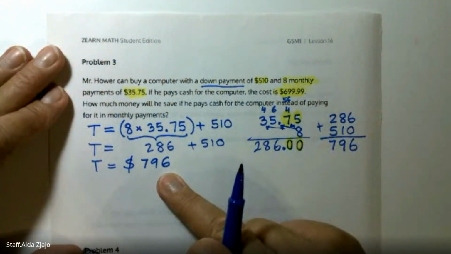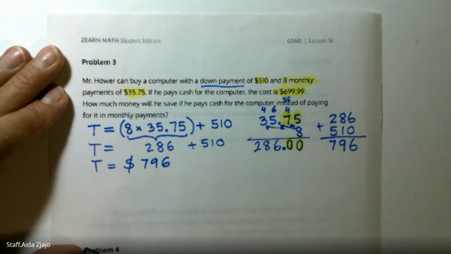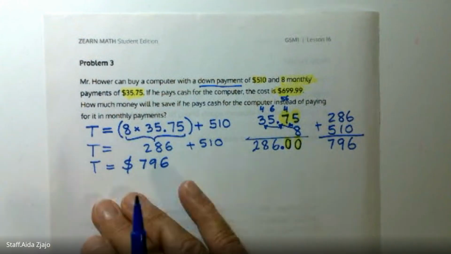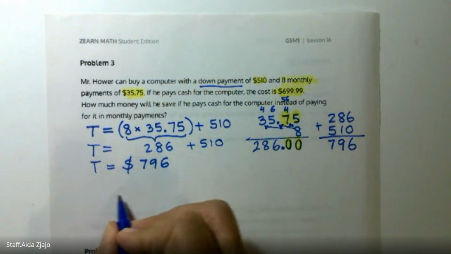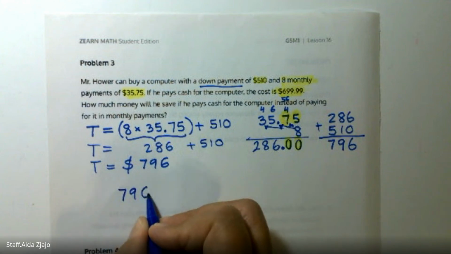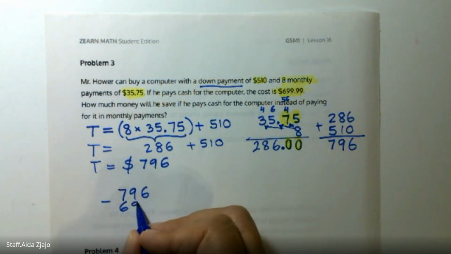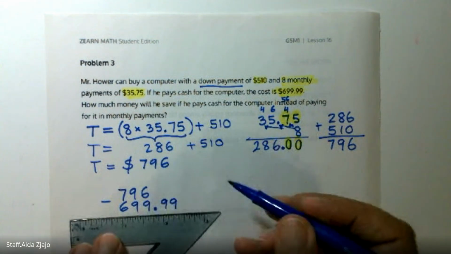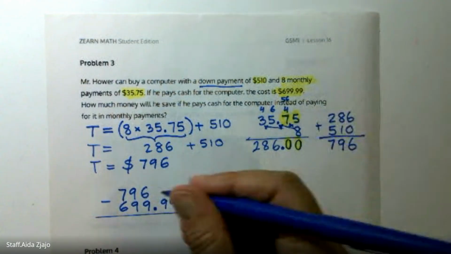So about $100 more he will pay if he takes that computer on payments. So let's see how exactly. The total money that he needs to pay was $796, but if he pays cash, he will pay $699.99.